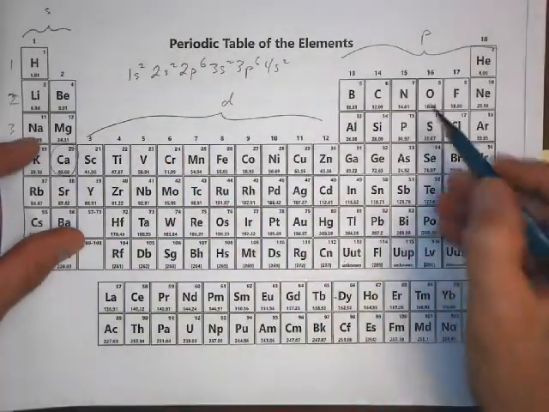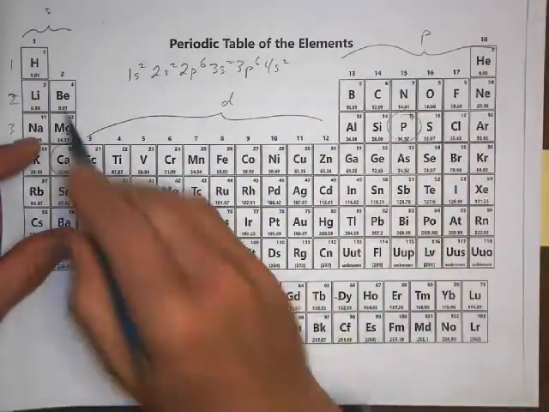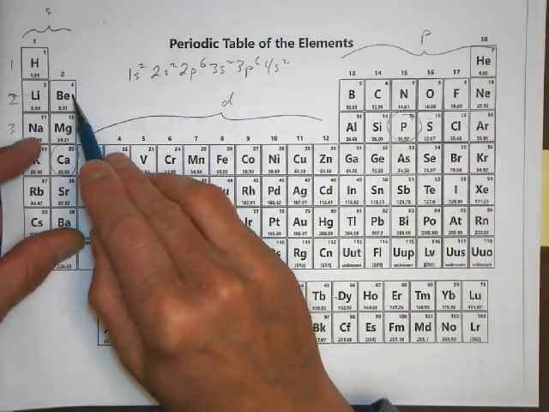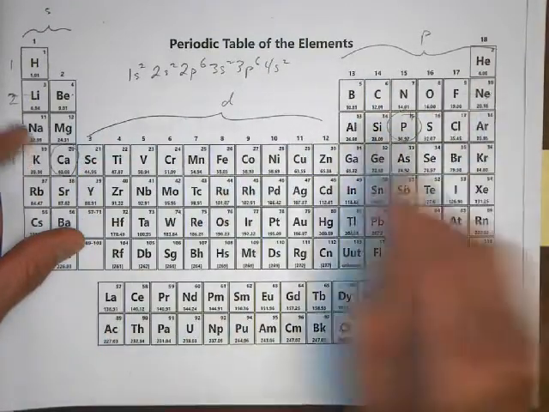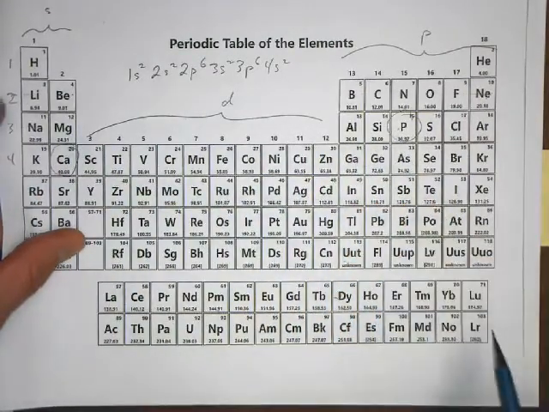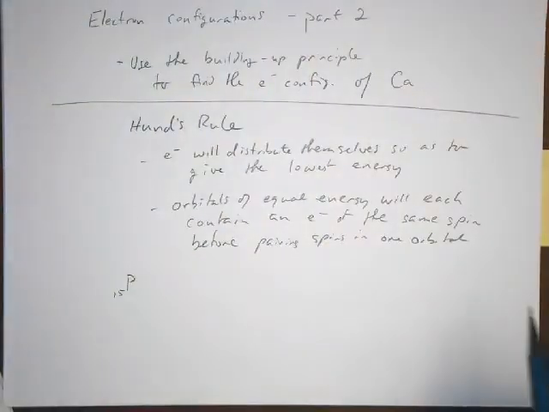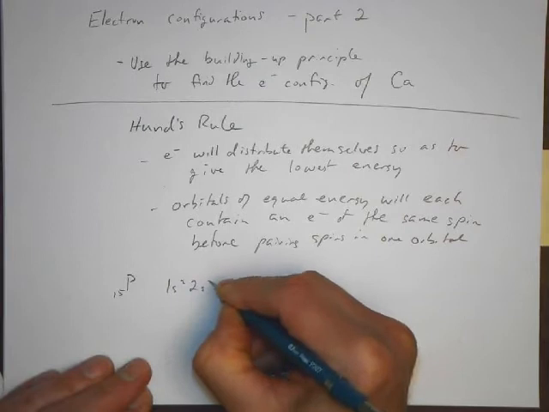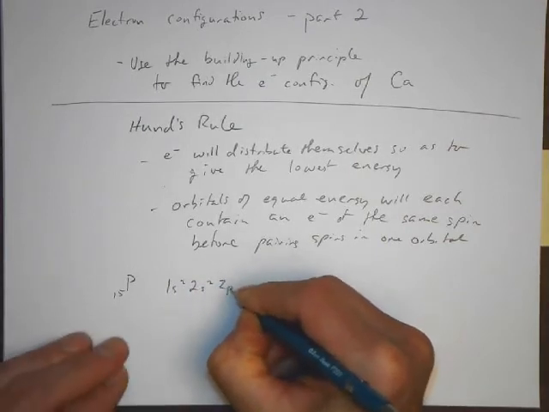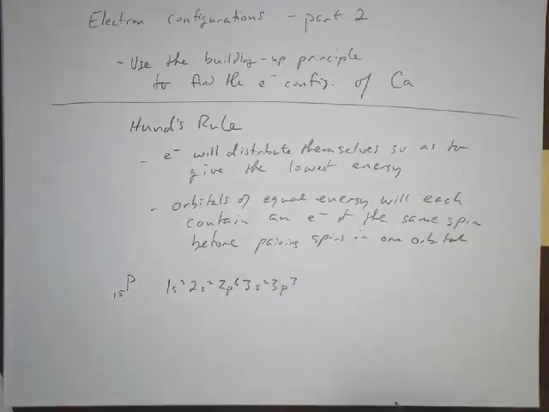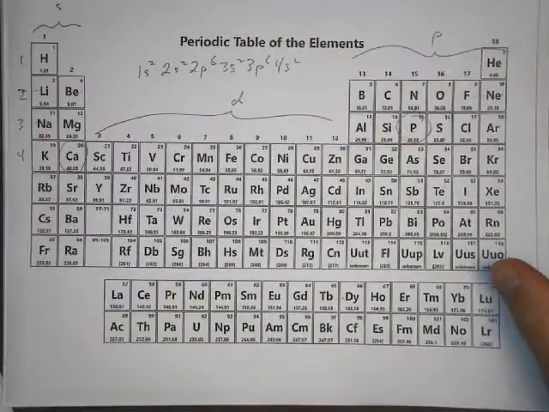Phosphorus is right here, so it would be 1s2, 2s2, 2p6, 3s2, 3p3. So I got that using the same method I used to find any others.